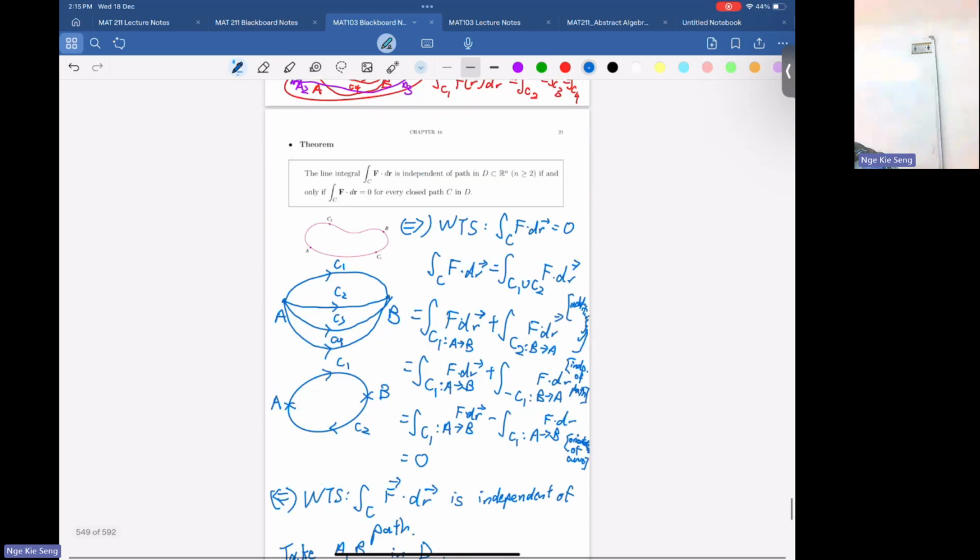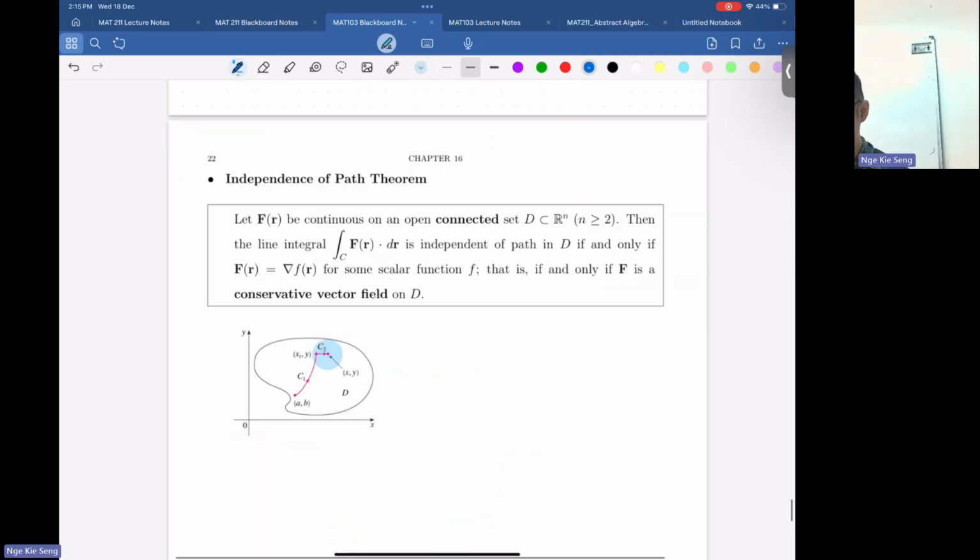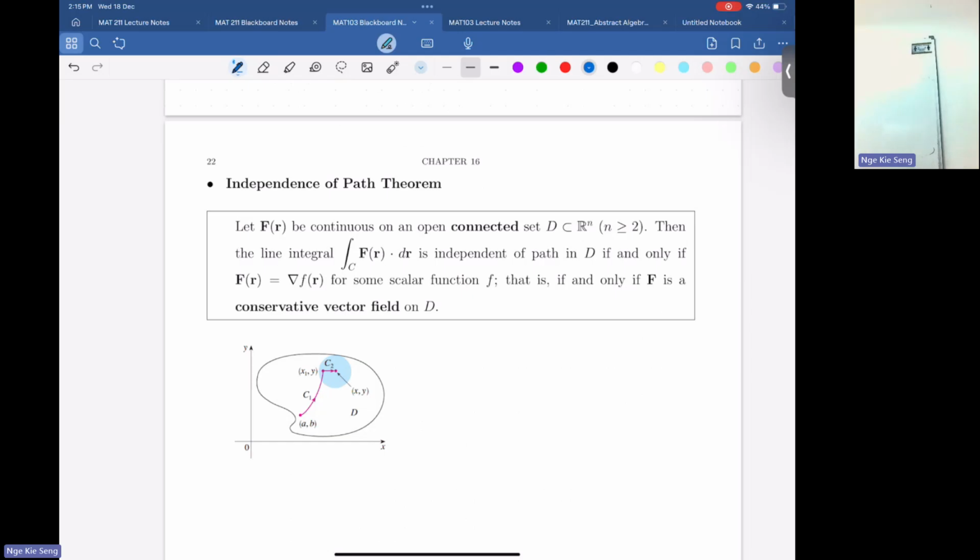Previously you just need connected, but here you need an open connected set. Then the line integral is independent of path if and only if F can be written as a gradient of some scalar function. So meaning, the independent of path property happens if and only if this capital F here is a gradient of some scalar function.